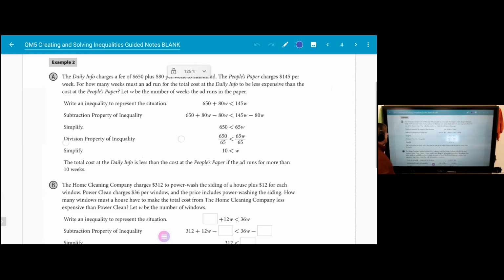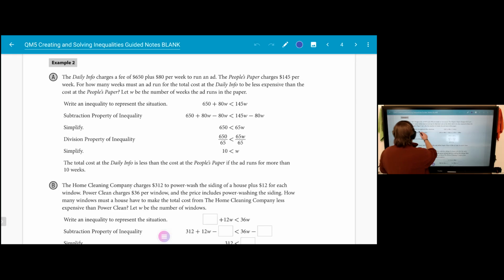Let's see what we've got here. We've got the Daily Info. They charge a fee of $650 plus $80 per week to run an ad. The People's Paper charges $145 per week. Okay, so we've got two different papers. The Daily Info can be represented by $650 plus $80W, because W is the number of weeks to run the ad.